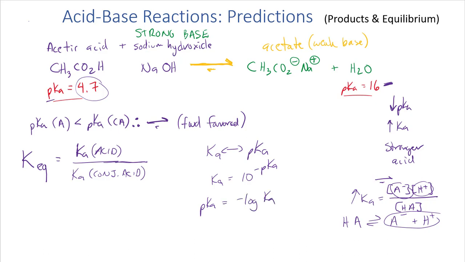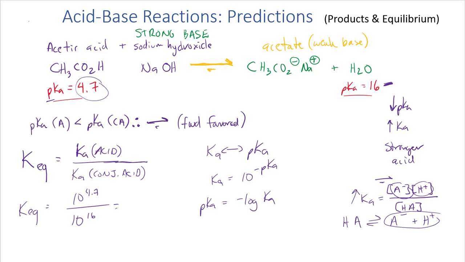So what that means is our equilibrium constant is the Ka of our acid, which is our acetic acid, so 10 to the negative 4.7, divided by 10 to the negative 16th for our product acid.